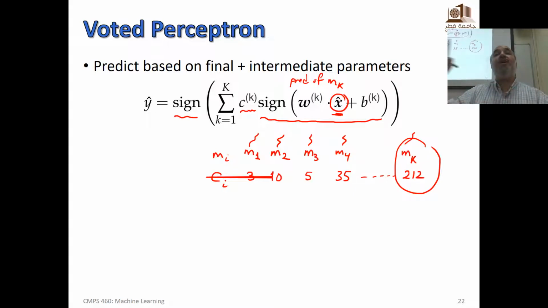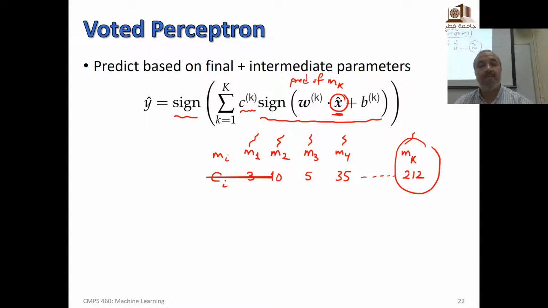Here we use all intermediate models, even the first one. And each one will be voted by its goodness, its quality. Measured by how many examples were correctly classified using this model, which is the survival time, because the model will survive until it made a mistake, right? At that point, we will have an updated model. Okay, is that clear? Yes?